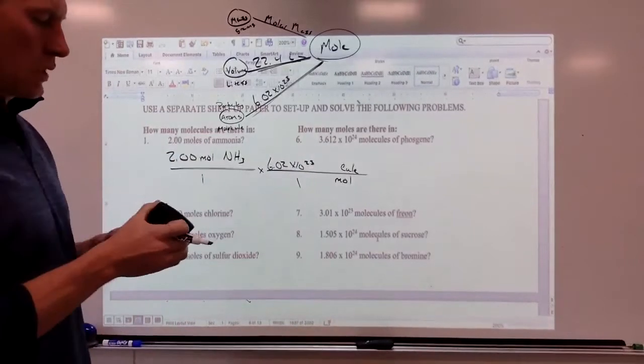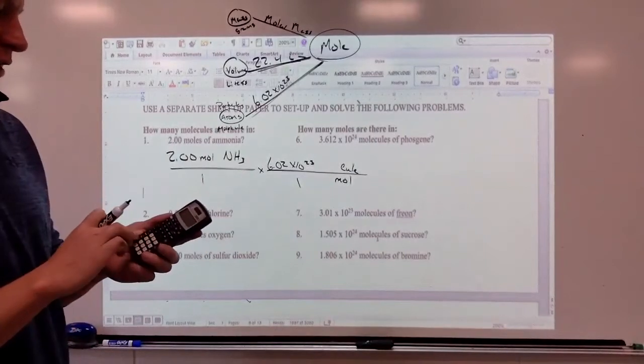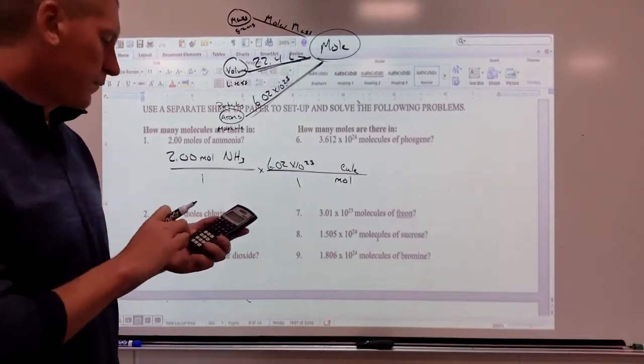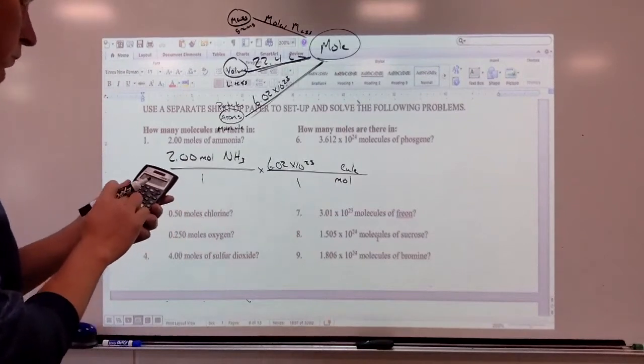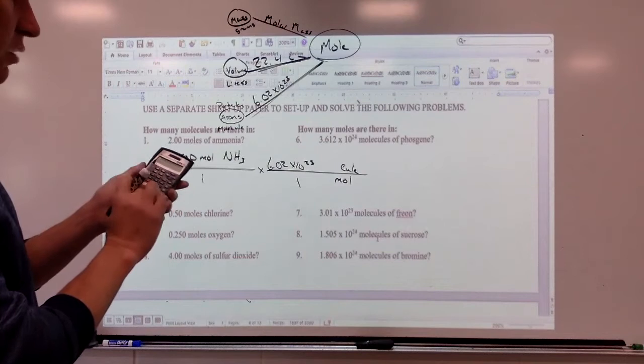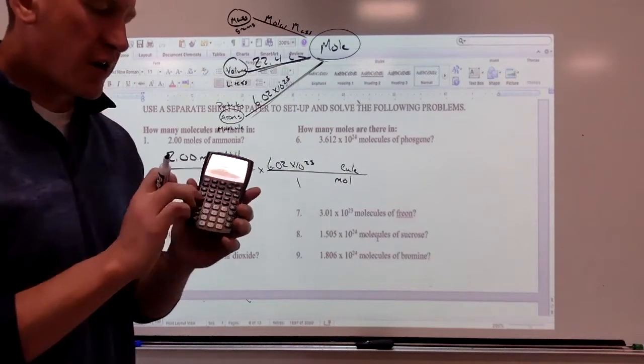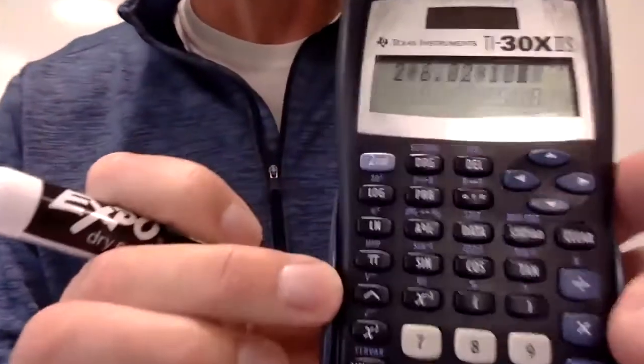So here's the process I use on my calculator. You're going to have to be familiar with whatever kind of calculator you have. So 2 times 6.02 times 10. And then on my calculator, I use this little button right here, this little caret button.